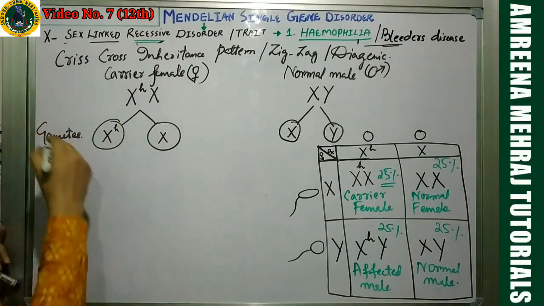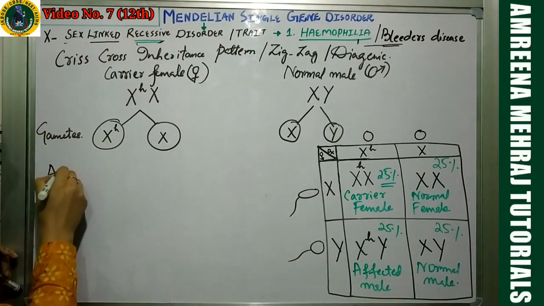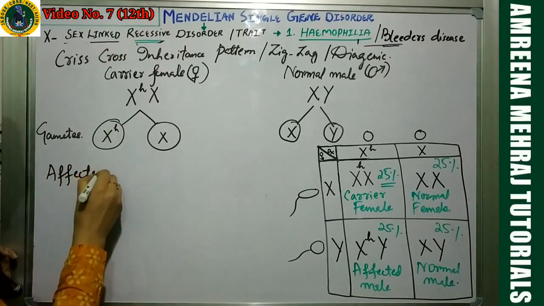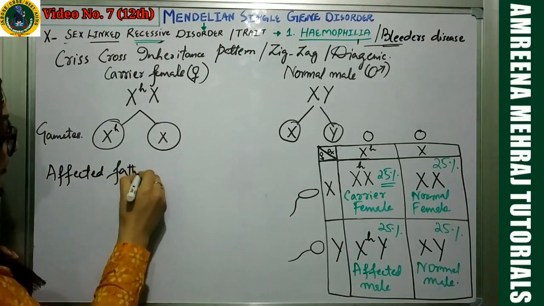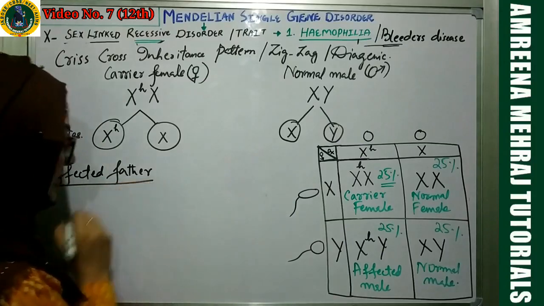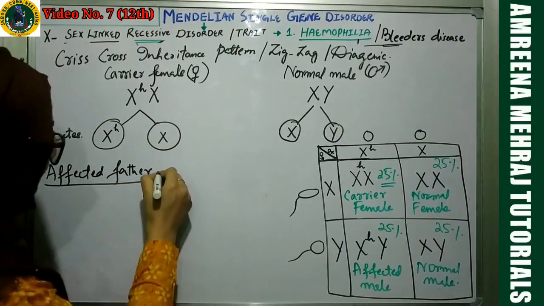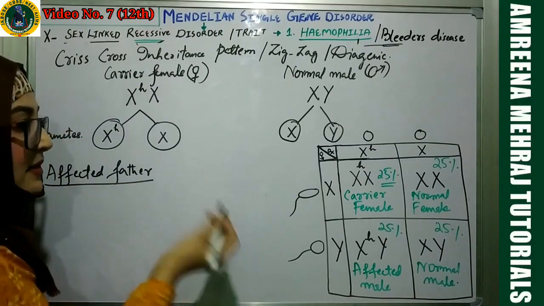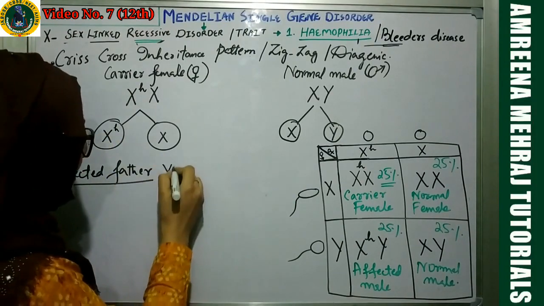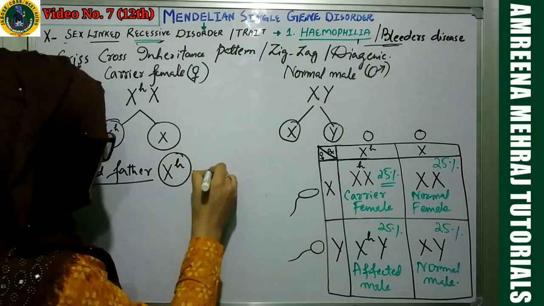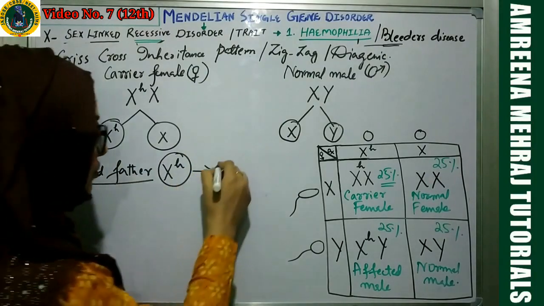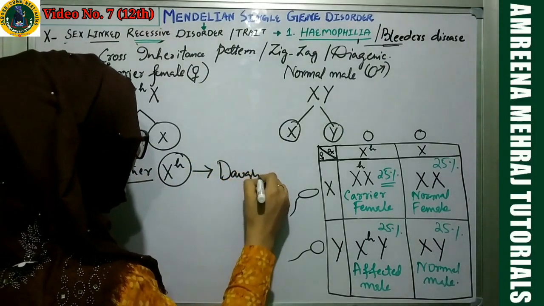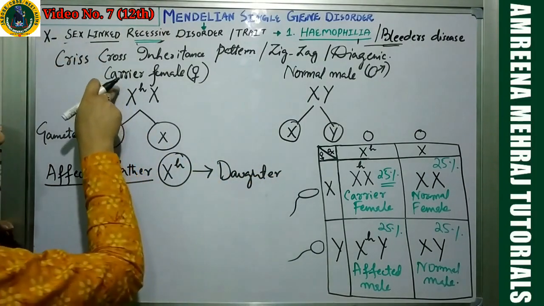If you think from case 1, when I took the affected father, you can check your notebook if you have maintained it with me. The affected father had this hemophilic mutation, basically a mutated gene. He transferred this defective gene to the daughter. Remember, his daughter, which is over here right now.